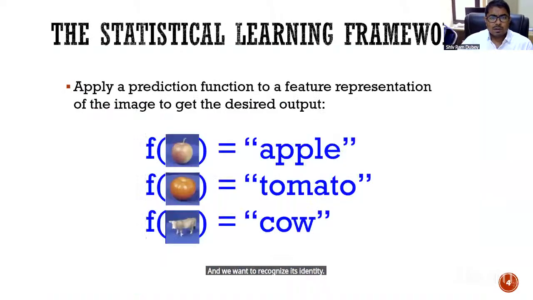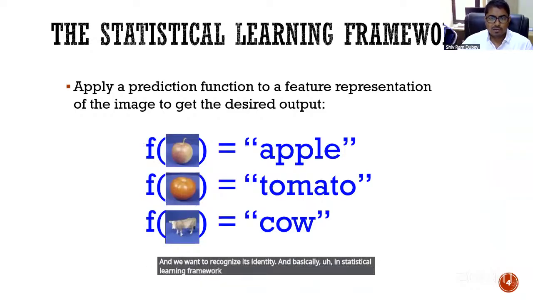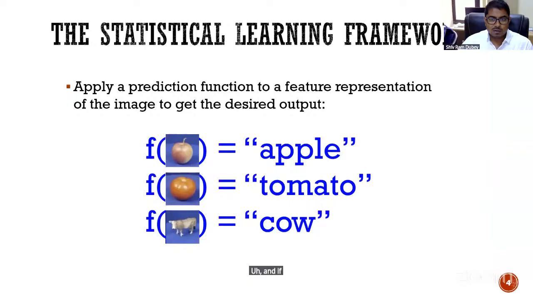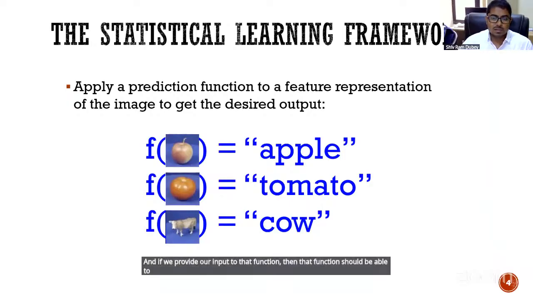Basically, in a statistical learning framework, we would like to learn a function f. If we provide our input to that function, then that function should be able to give us the class label of that particular input.